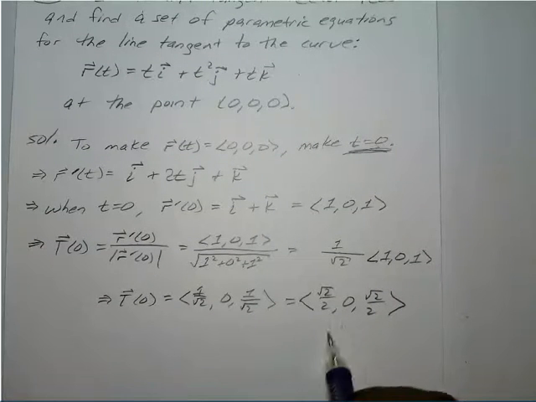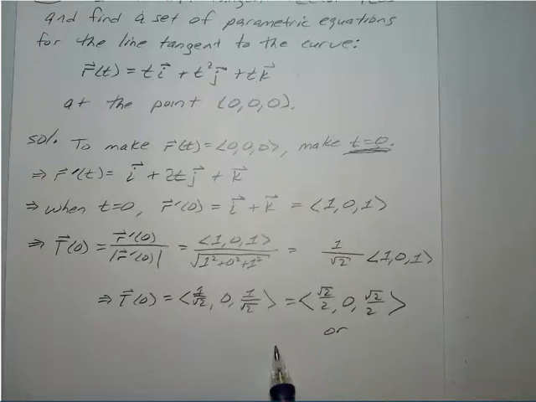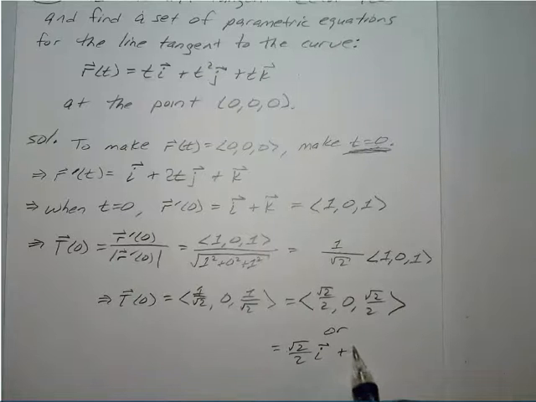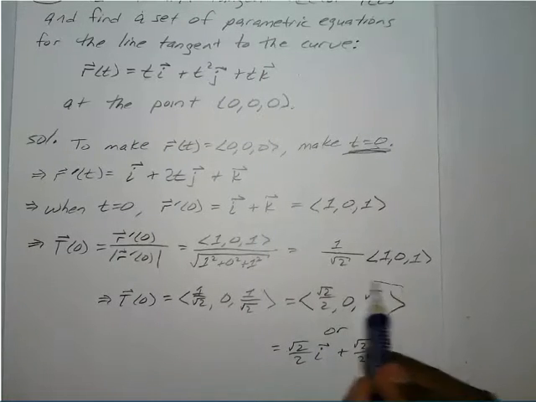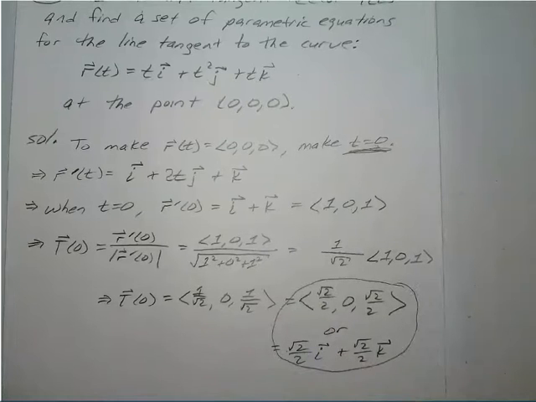Okay, so you can use this way, or you can make it square root of 2 over 2 i plus square root of 2 over 2 k. So either way, this is your unit tangent vector at 0, 0, 0.